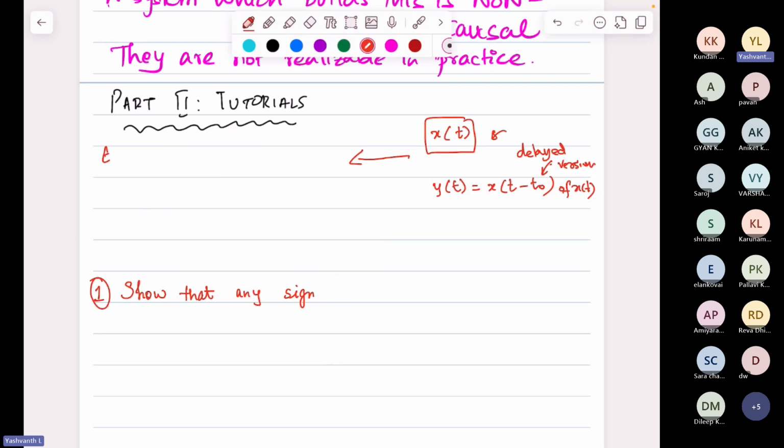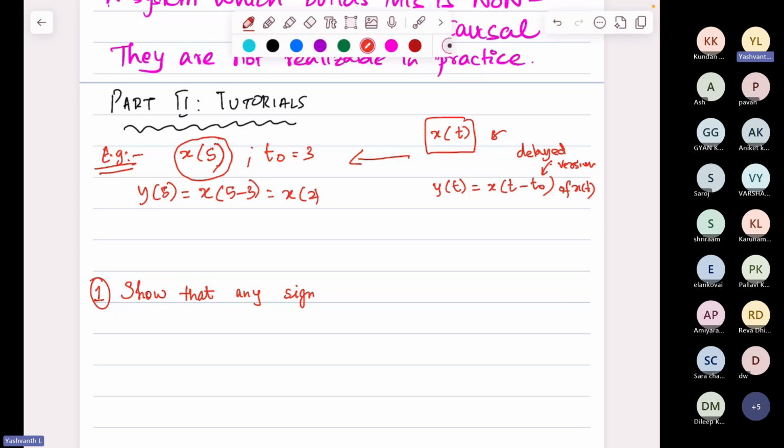Let's take an example. Let's say I'm interested in x of 5, but let's say t naught equal to 3. When I actually want to see the value of x of 5, your y of 5 is only x of 5 minus 3 equal to x of 2.